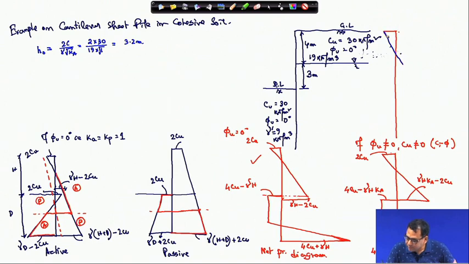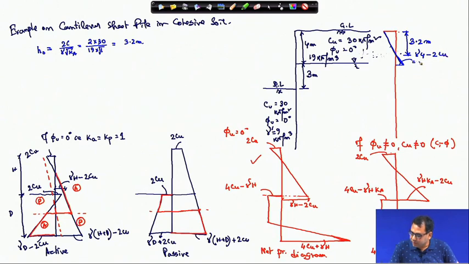Okay. So, I can draw this line, and this is 3.2 meter. This is the H0, the no tension depth. And here at 4 meter I can write that this is gamma into 4 minus 2 Cu.